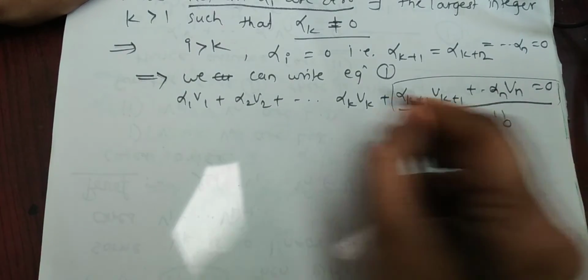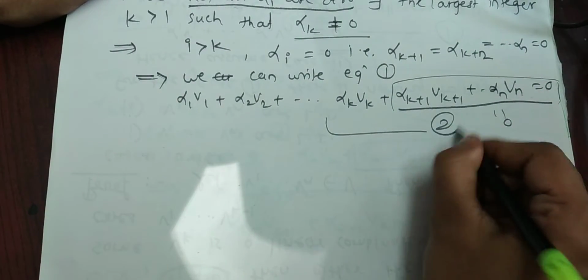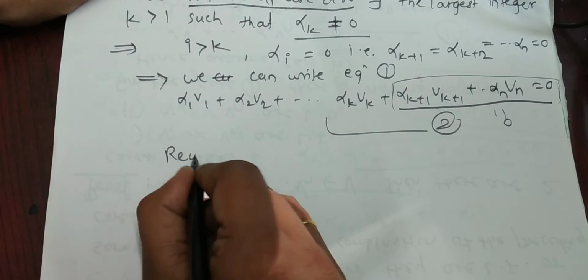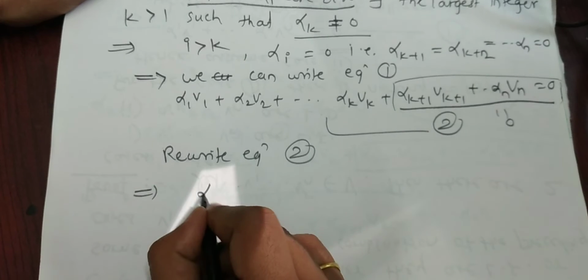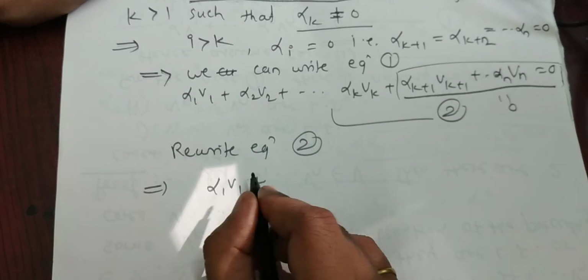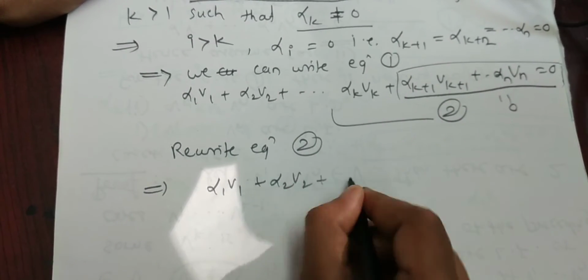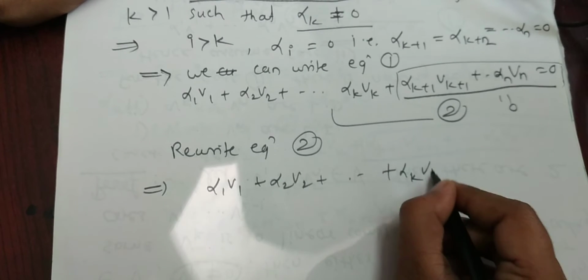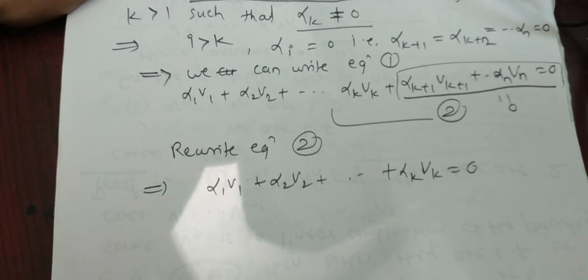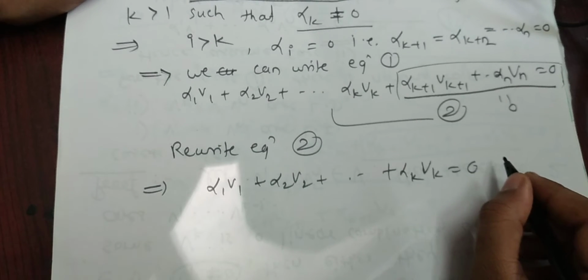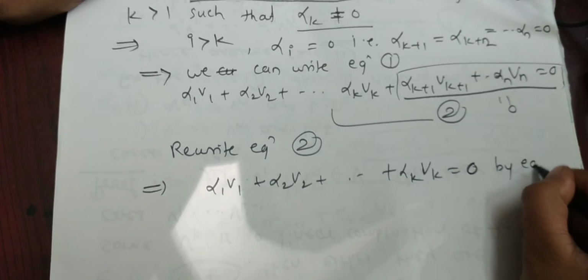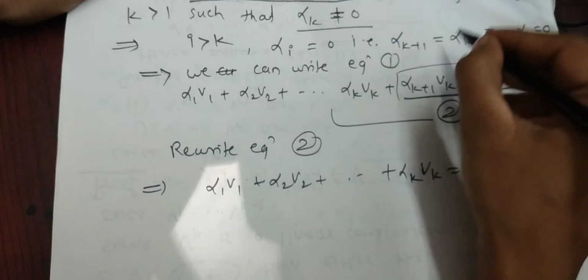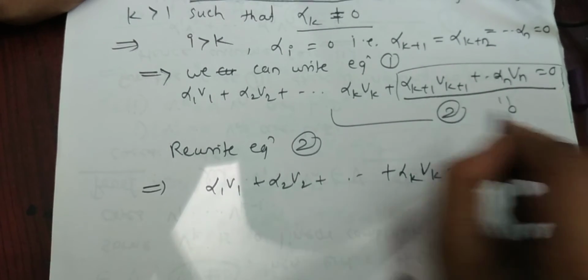So we can rewrite equation 2 as: alpha 1 v1 plus alpha 2 v2 plus ... plus alpha k vk is equal to 0.